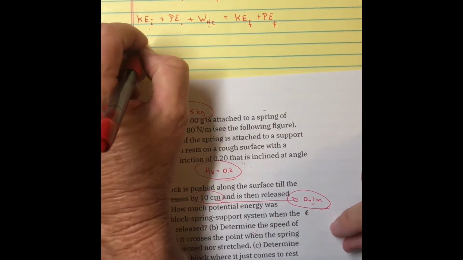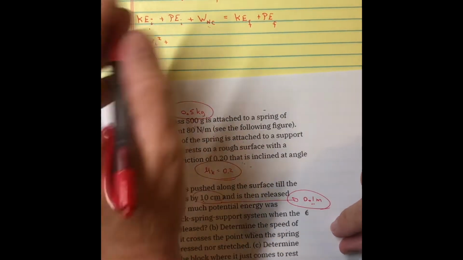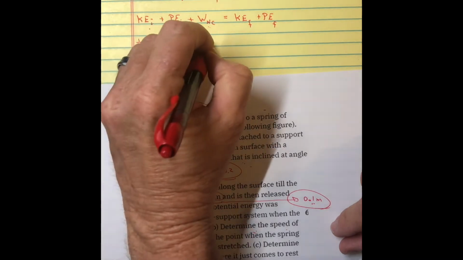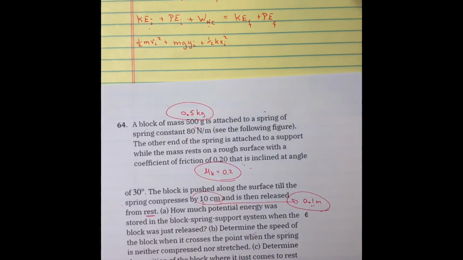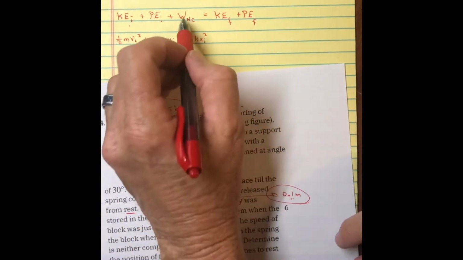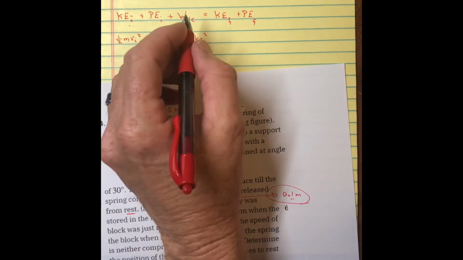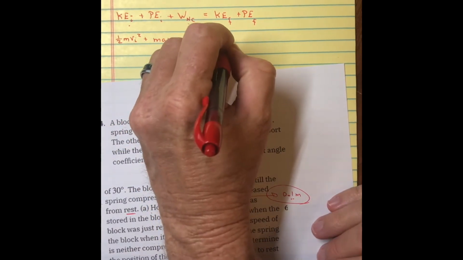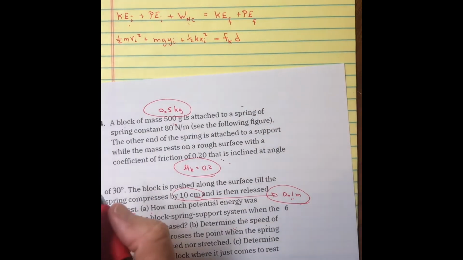So this would be 1/2 mv initial squared. The two potential energies would be mgy initial, and the other would be 1/2 kx initial squared. The work, if you remember the derivation I did for the work, was a negative force of kinetic friction times distance traveled.